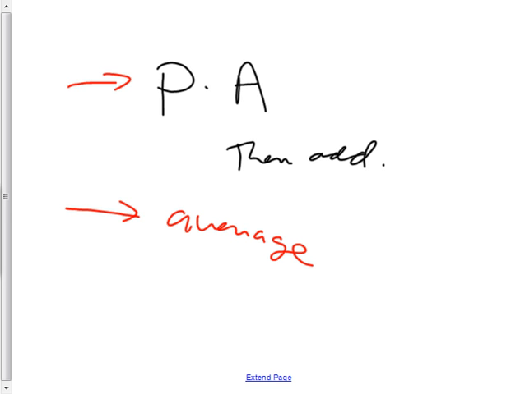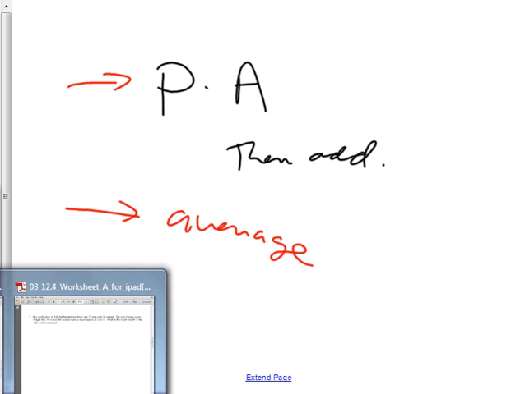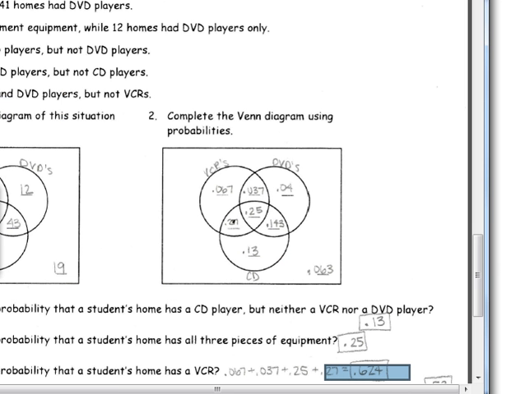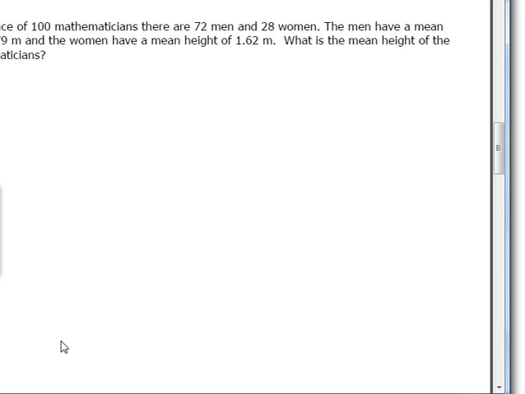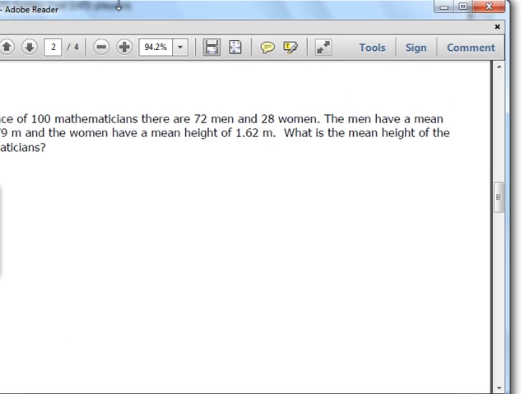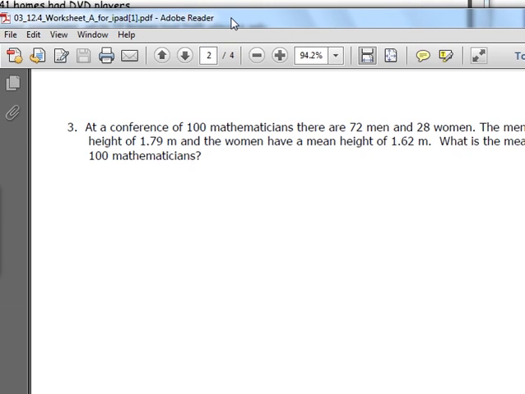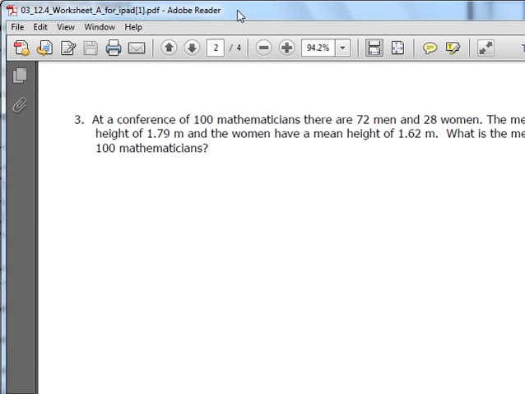All right, so let's actually do a problem together. It's a little confusing today because there's two worksheets. You want the one that is called 12.4 worksheet A. There's another one that says the same thing, except the assignment says finding expected value.